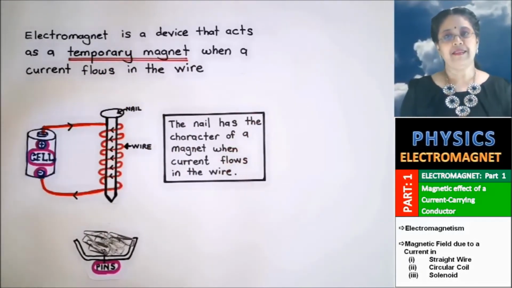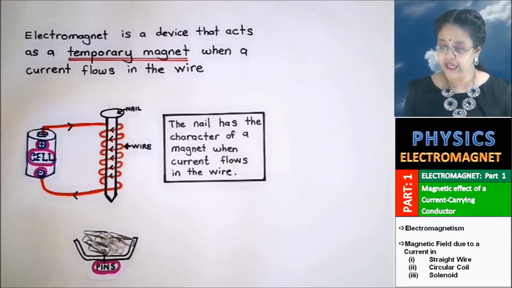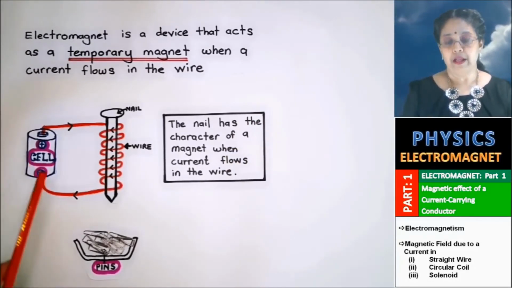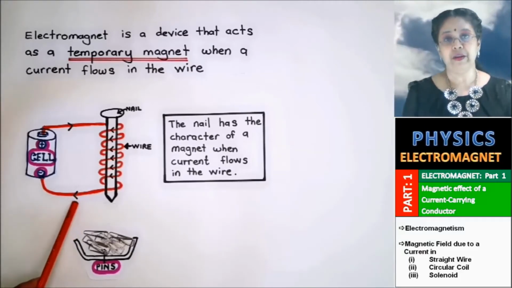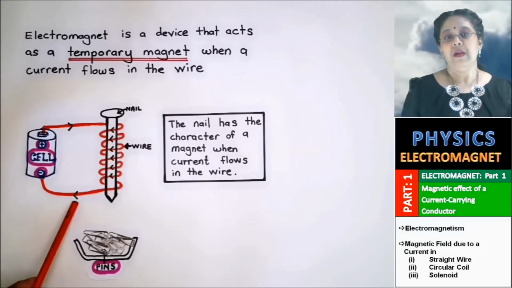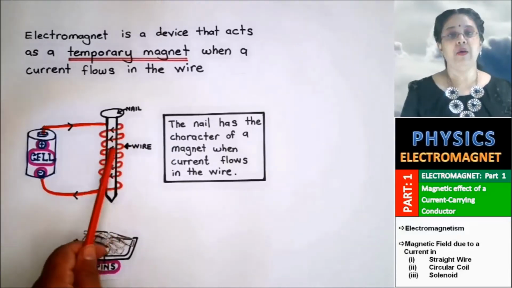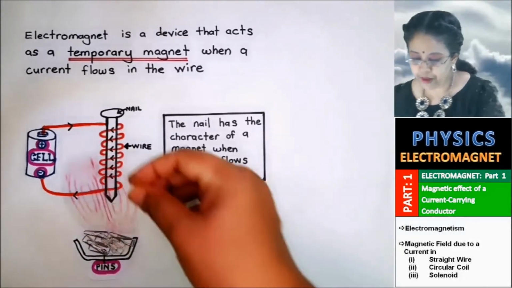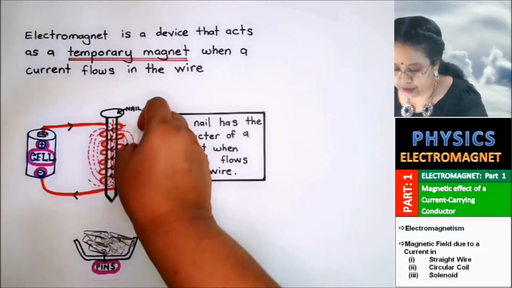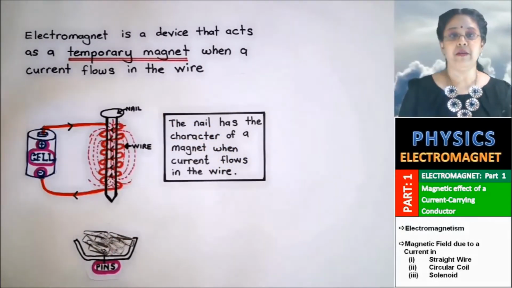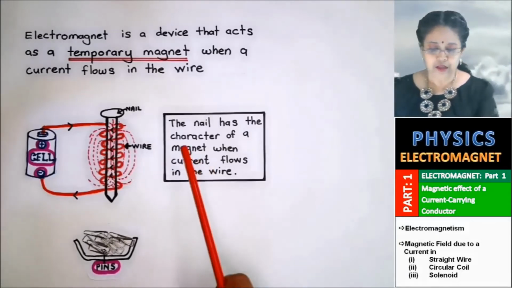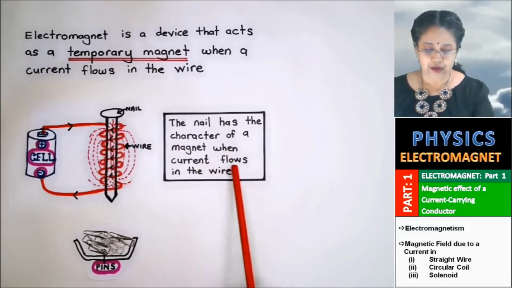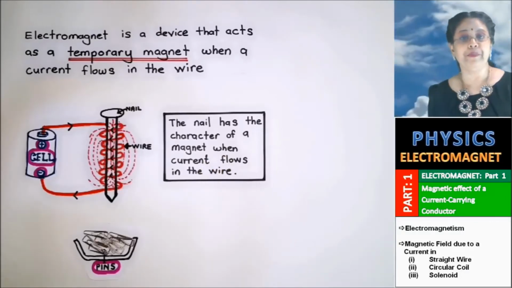Let's look at this illustration. Here we have a battery and a wire that acts as a current carrying conductor. Now the wire is coiled around a nail. So what happens here is, when there is a battery, a magnetic effect or magnetic field lines is created around the nail. So here the note says, the nail has the character of a magnet when current flows in the wire.